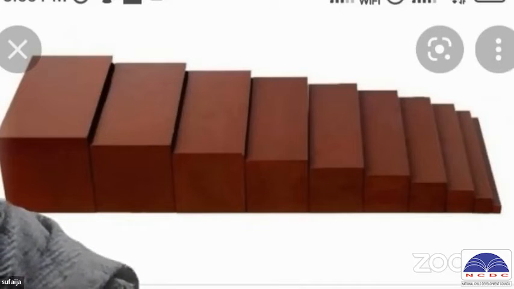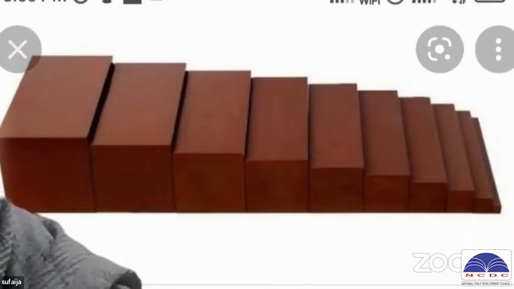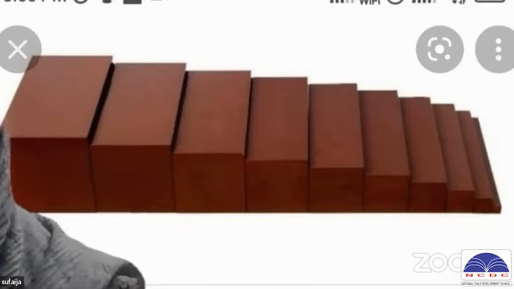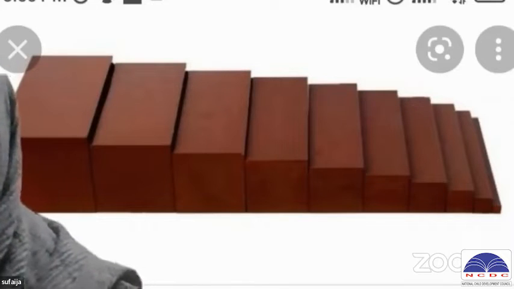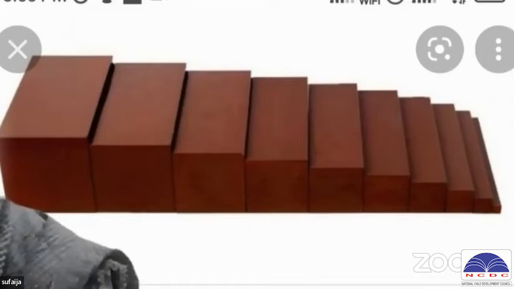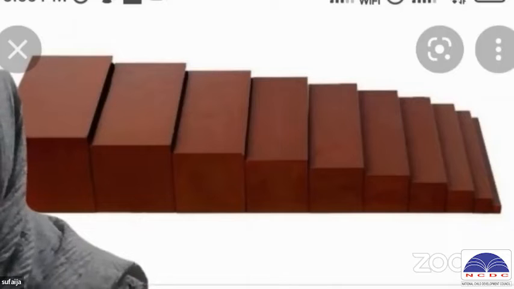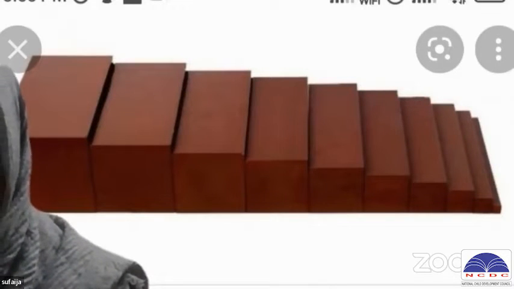We are taking the cuboids one by one and having the child place them in the workplace in random order, not in the correct order. We say to our child to place them randomly on our mat. And also we ask them to arrange how it will be arranged in our brown stair.